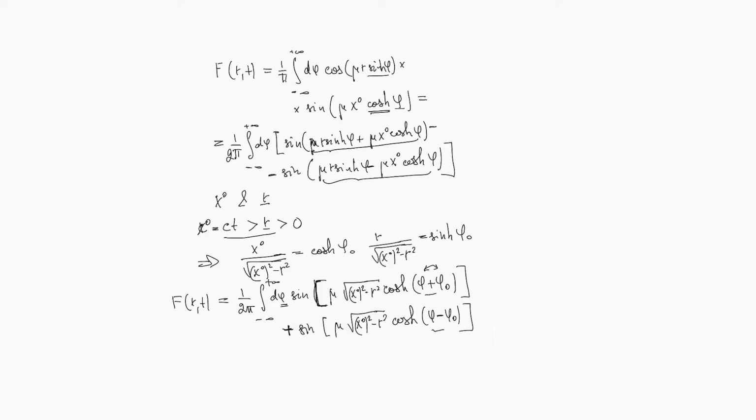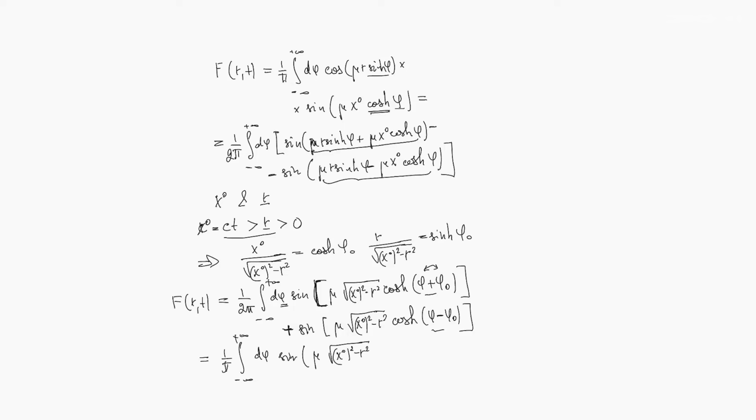So the answer doubles and gives you 1 over pi integral from minus to plus infinity d phi sine of mu square root x0 squared minus r squared cosh phi.